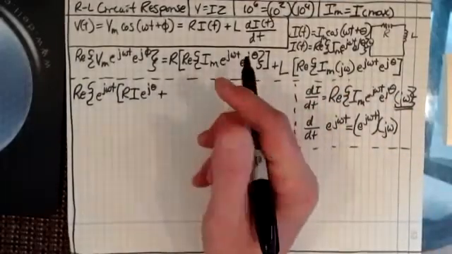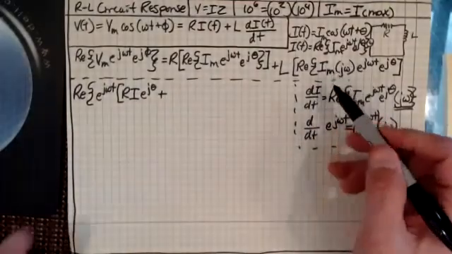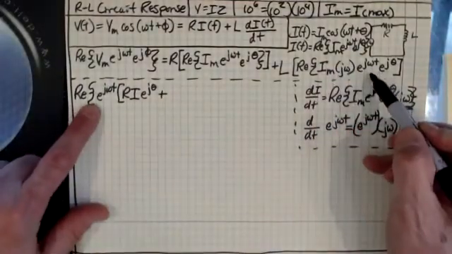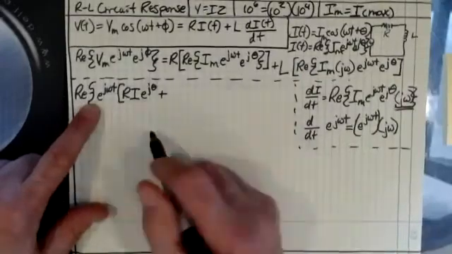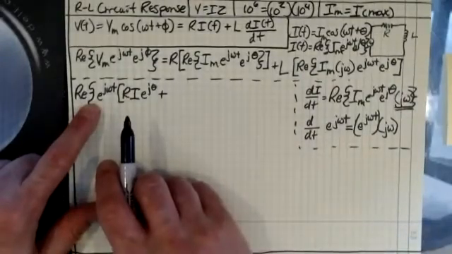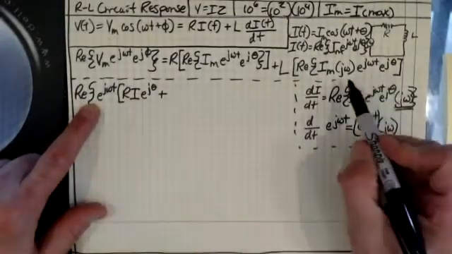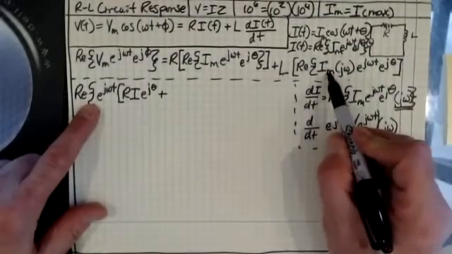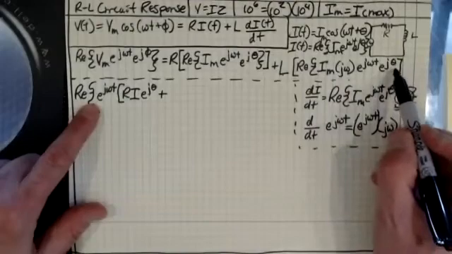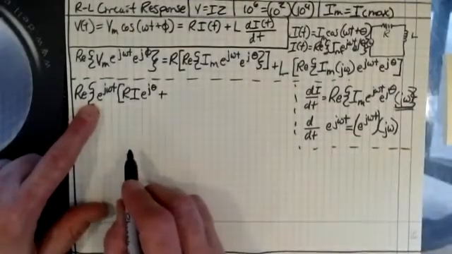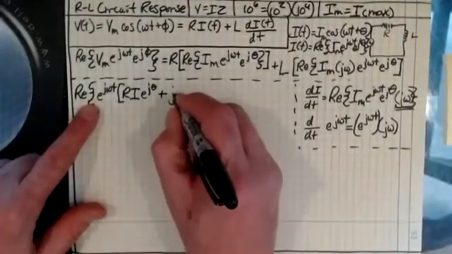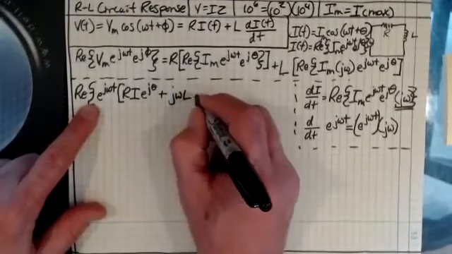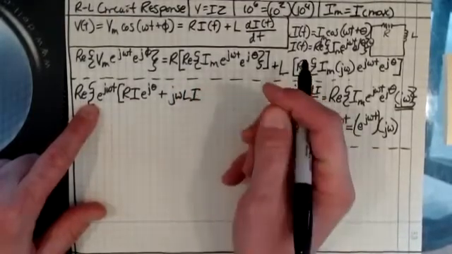Plus, what have I got out here? Well, I've taken e to the j omega t out of the system already, haven't I? So that leaves me with j omega, L, I, and e to the j theta. So that's what I get. So I get j omega, L, I, right?